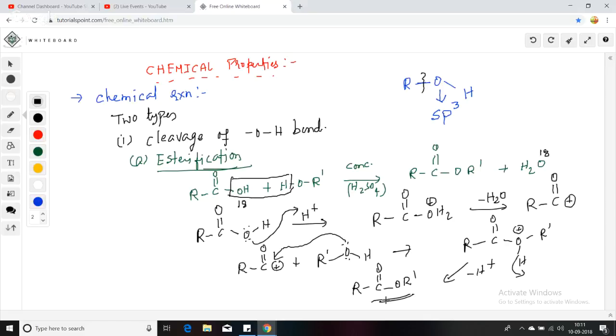Now, the second reaction which follows the cleavage of the OH bond is this. Let me write that reaction first. The reaction with Grignard reagent.